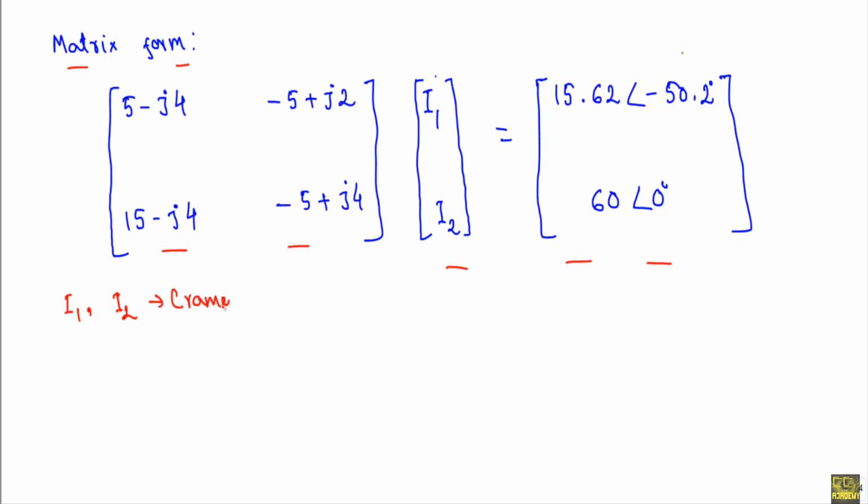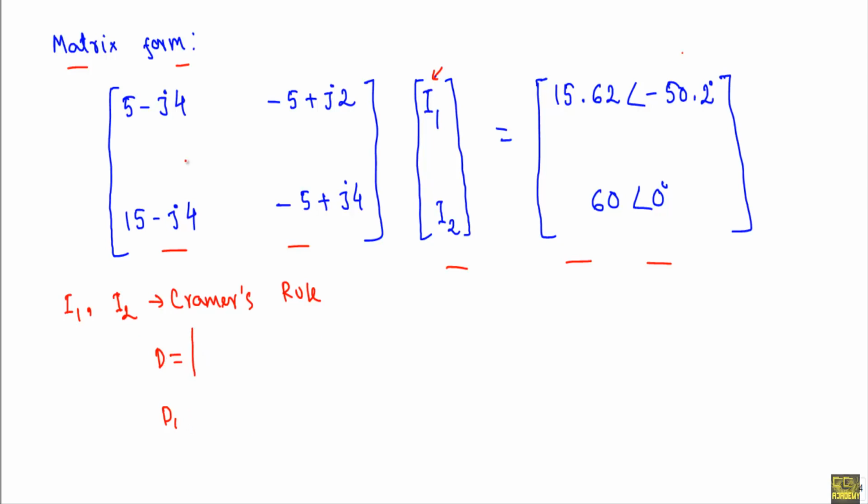To use Cramer's rule, at first I have to find out the determinant of coefficients, that means D, and I have to calculate the determinant of coefficients of current I1, that means D1. So how do we form the determinant D?